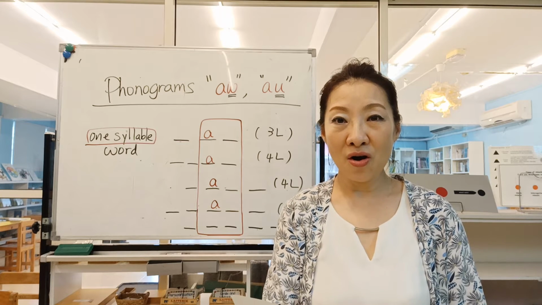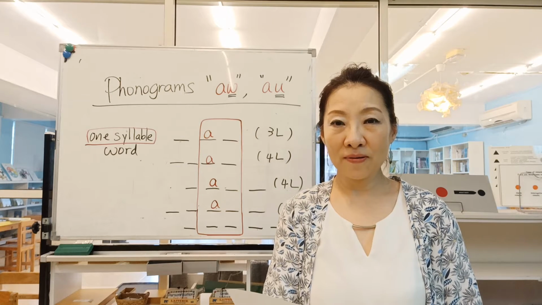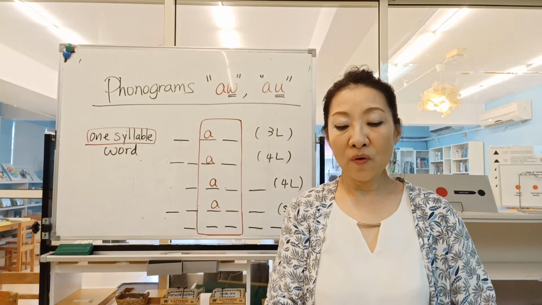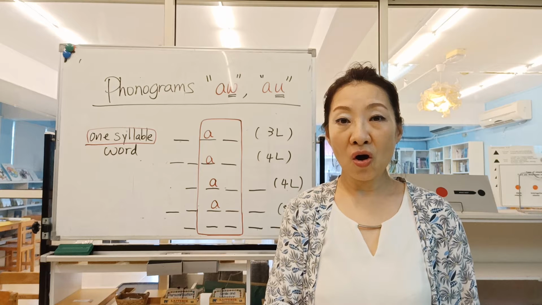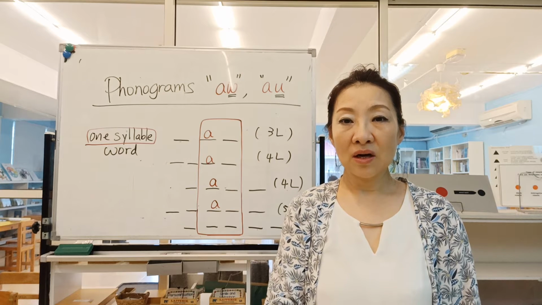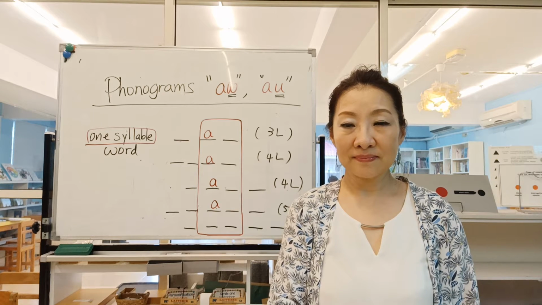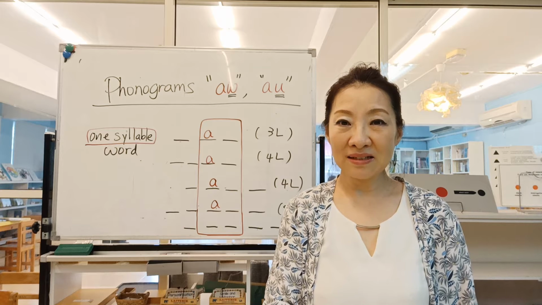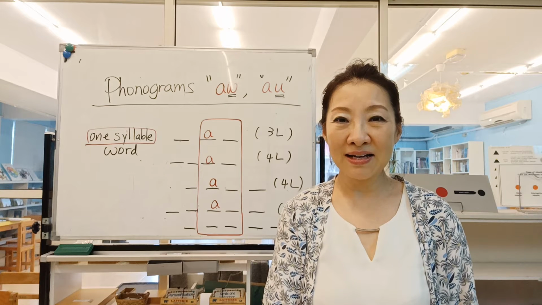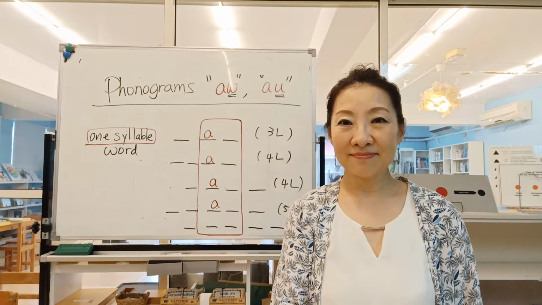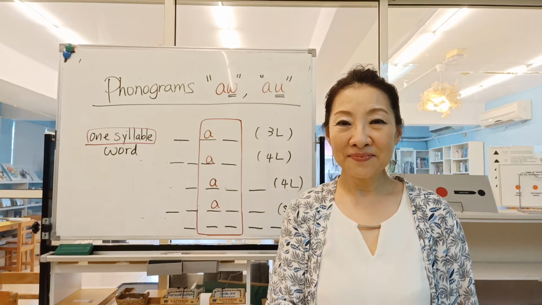Number 4, hawk. My hint is hawk is a kind of eagle. Hawk.